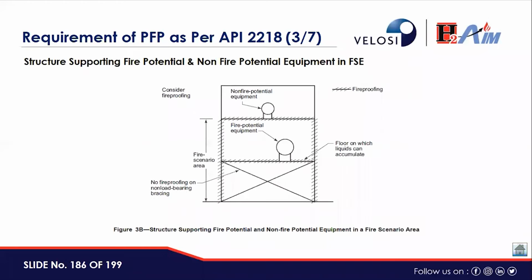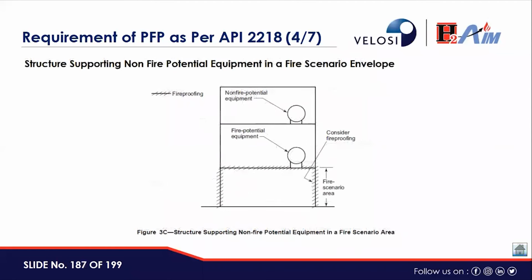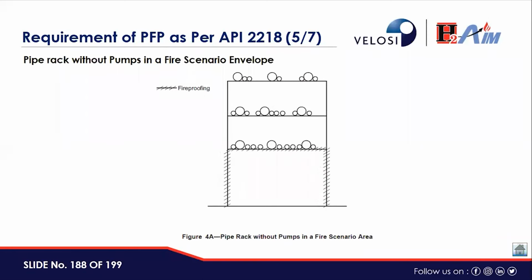These are the structures supporting fire protection and non-fire protection equipment in FSE. These are the structures supporting non-fire protection equipment in the fire scenario envelope. These are the pipe racks without pumps in a fire scenario envelope.